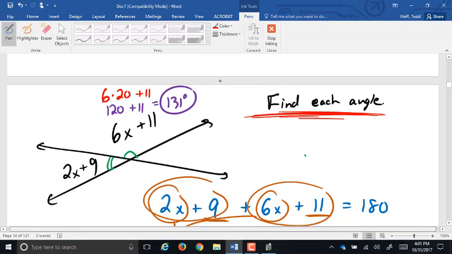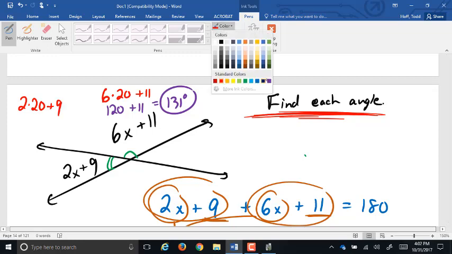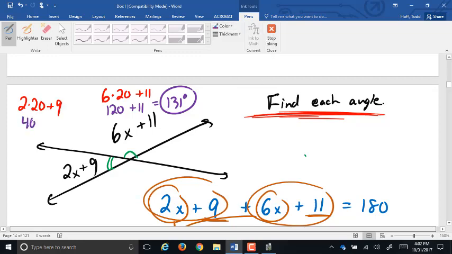But I'm going to go ahead and put the 20 in for x just to make sure we get the right amount. So it's 2 times x becomes 2 times 20 plus 9. 2 times 20 is 40, plus 9 is 49. Do those two add up to be 180? They do.